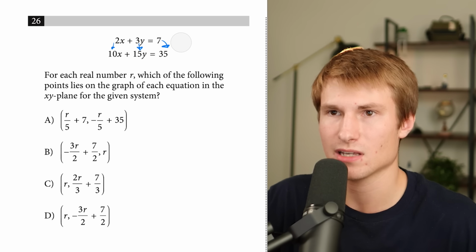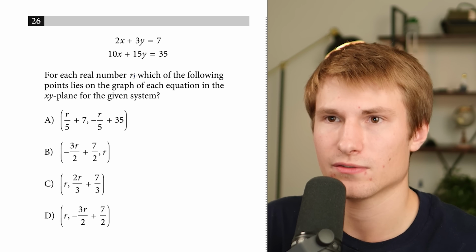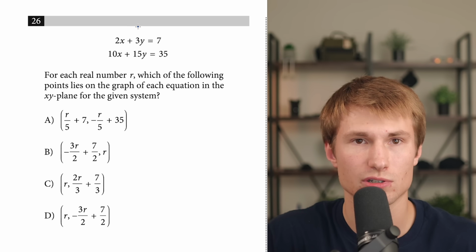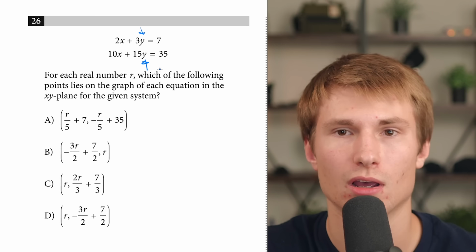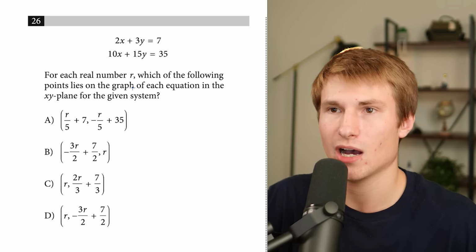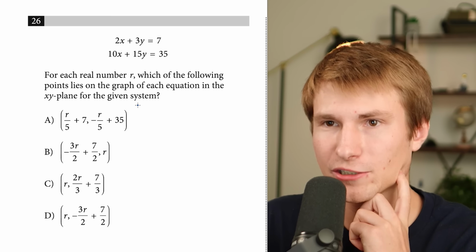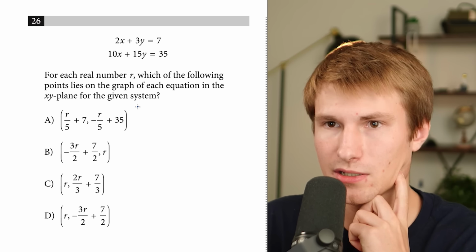So 2 times 5 is 10, 3 times 5 is 15, 7 times 5 is 35. So that's good because we know that if any of these points is a solution to one of them, it's also going to be the solution to the other because it's just multiplying the top equation by 5.